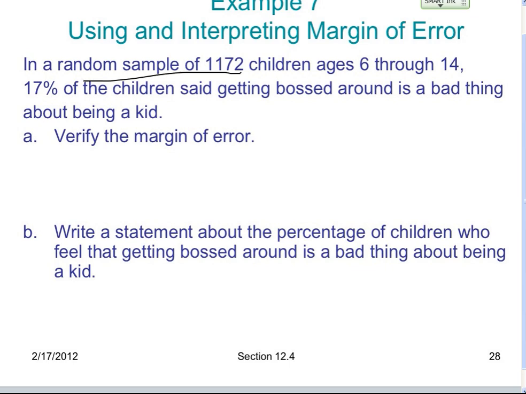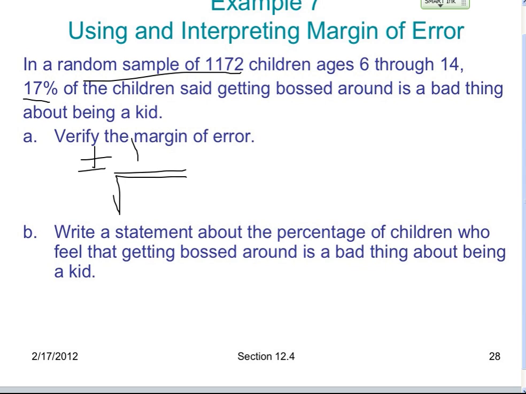Random sample. 17% of the children said getting bossed around is a bad thing. Verify the margin of error. So, the margin of error, we are going to take plus or minus 1 over the square root of n, where n is the sample size.